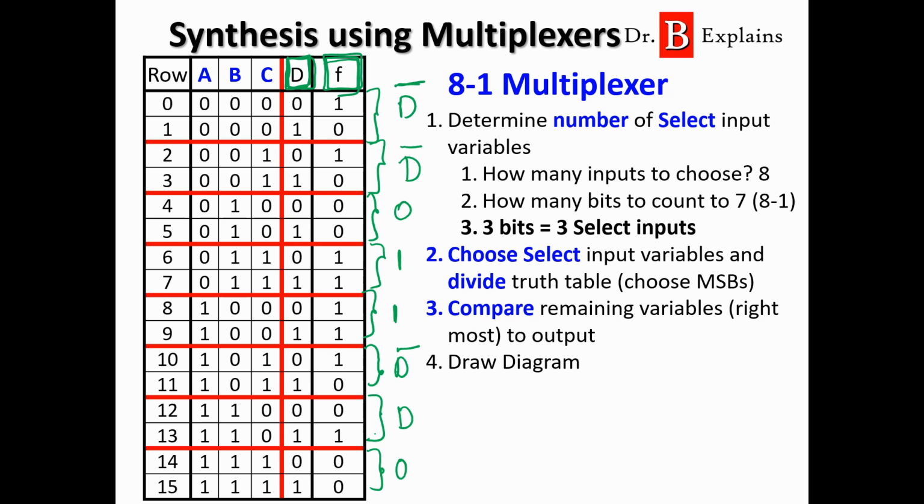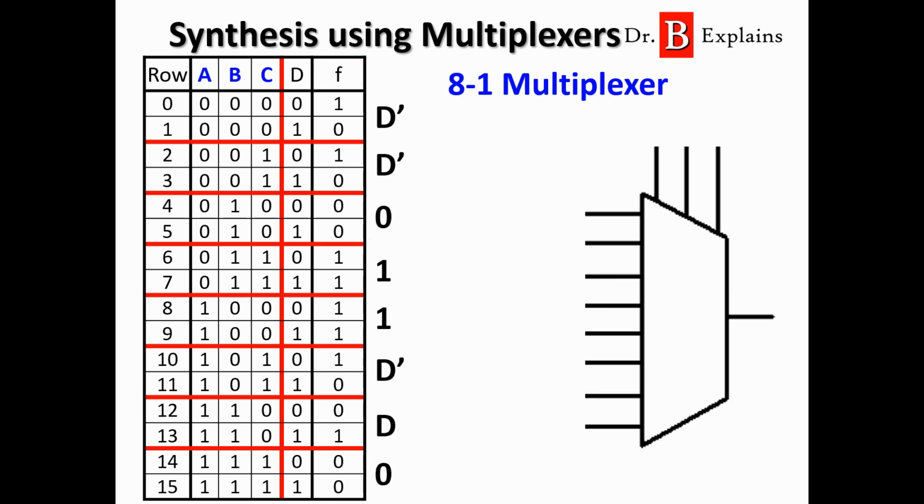So the last step is just to do the drawing. So we have A, B, C, and then we have D naught, 0, 1, 1, D naught, D, and 0. In this case, if you're building this in the lab, you only need a multiplexer.